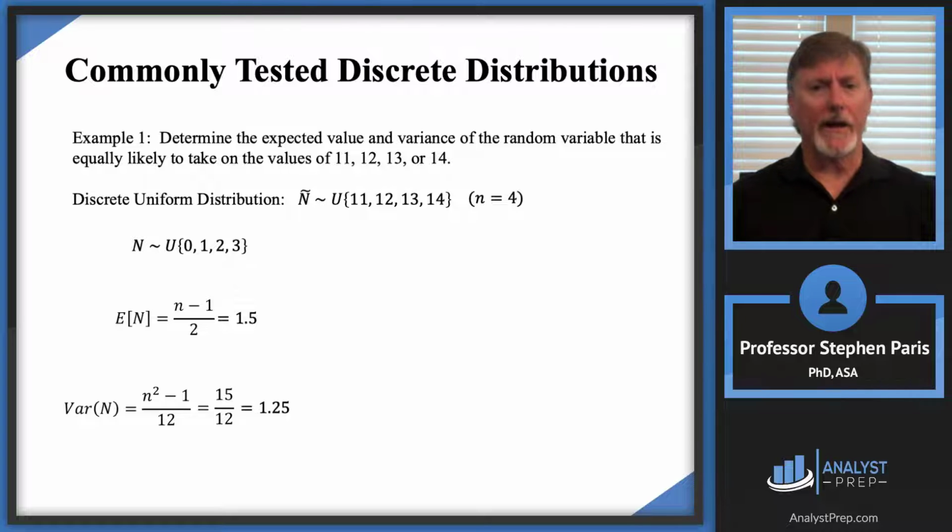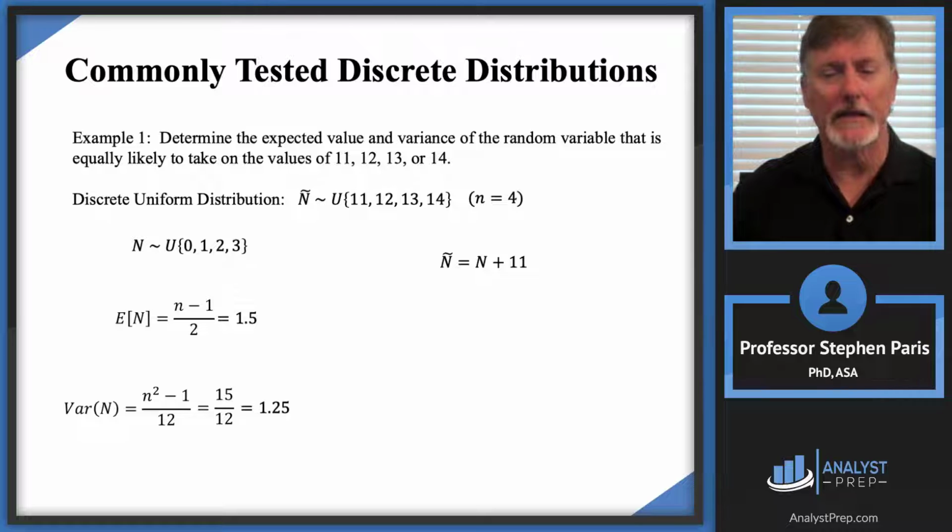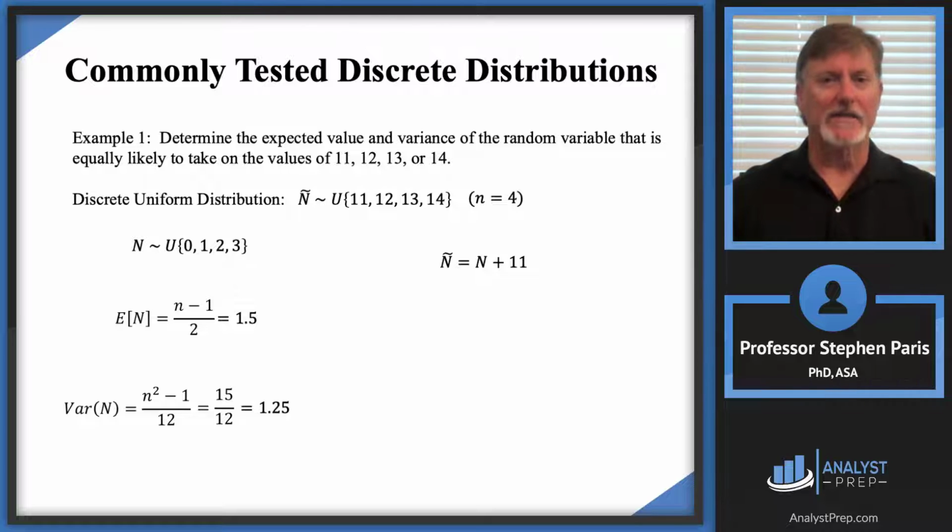Now I recognize those aren't the values that I seek. I seek the expected value and variance of the uniform random variable on the points 11, 12, 13, and 14, so on N tilde. But I recognize that the N tilde random variable is the N random variable plus 11: 0 plus 11, 1 plus 11, 2 plus 11, 3 plus 11, or 11, 12, 13, and 14.